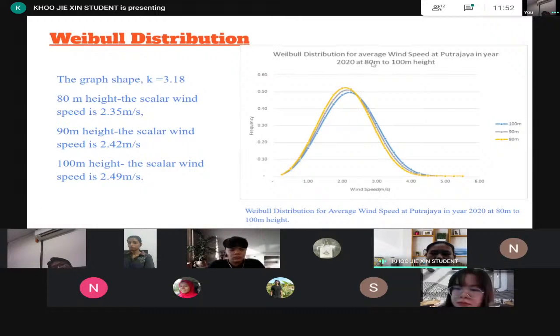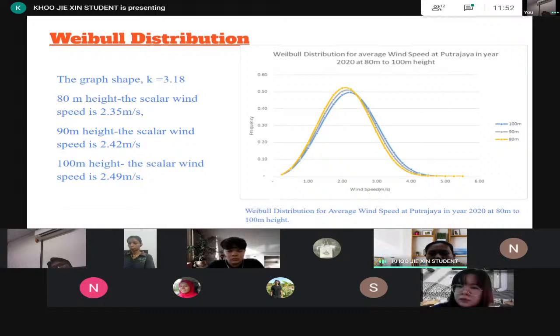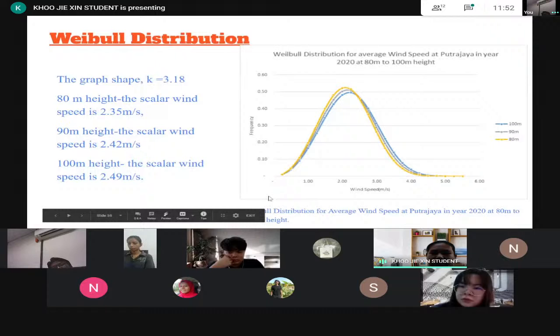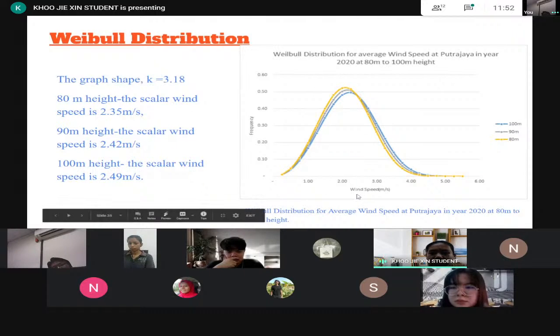So this is the Weibull distribution, like just now Ingi said, we focus on the Weibull distribution because this one is most widely used in wind turbine design. As the data we take is from 10 meter, the graph shape will be the same even though the height is different.